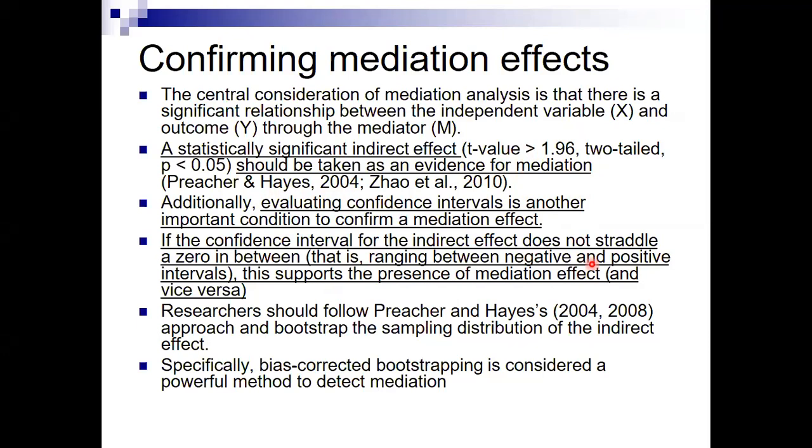Then additionally, you have to look at the confidence intervals. This is another important condition to confirm mediation effect. There is the lower confidence interval and the upper confidence interval. What do these confidence intervals mean? By the way, when you're running a regression, for each variable, the confidence intervals are normally listed at the end. What are they trying to say?